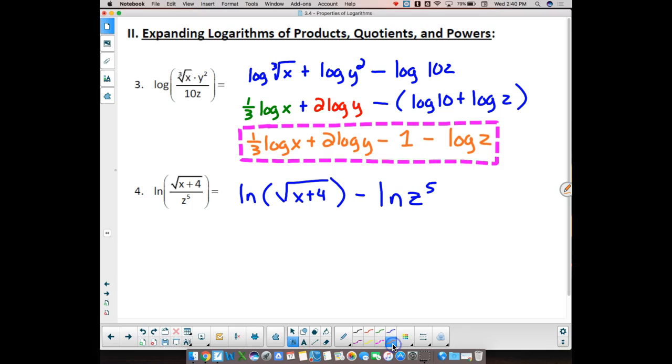So then this would become 1/2, because that's the exponent associated with square root, of the natural log of quantity x plus 4. And I'd put that in parentheses, because if I don't put it in parentheses, it means something different. Minus 5 natural logs of z.